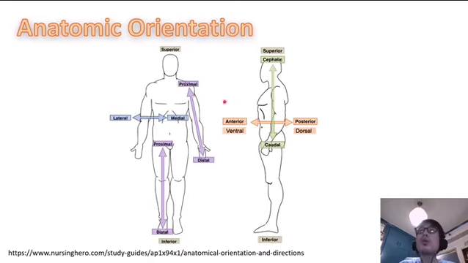Anterior, also called ventral, means towards the front, and posterior or dorsal means towards the back. Medial refers to being closer to the midline, and lateral means being further away from the midline.